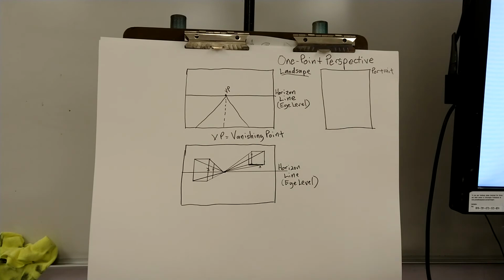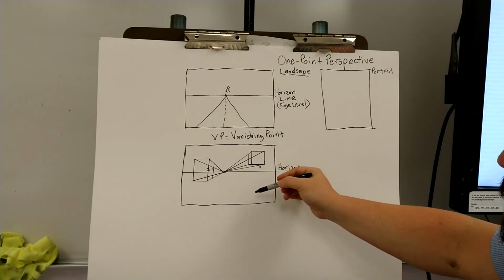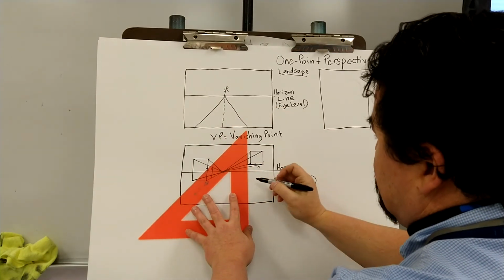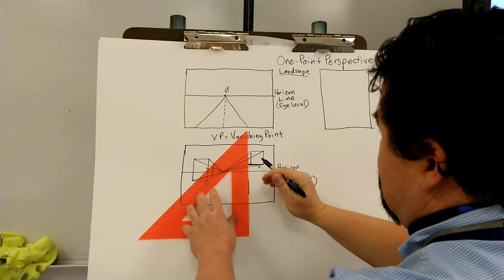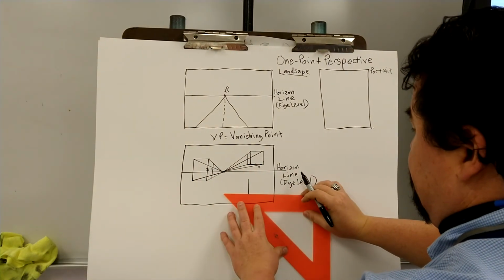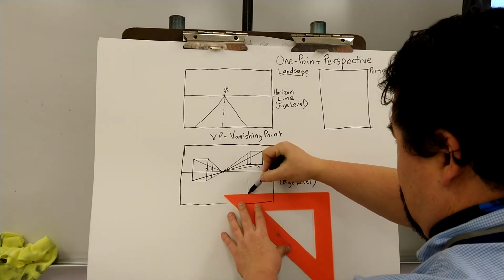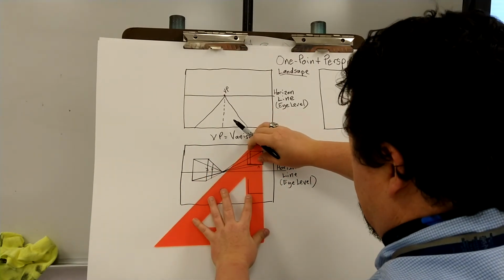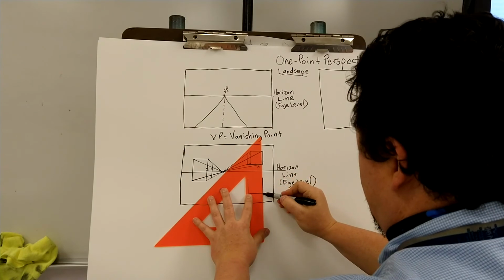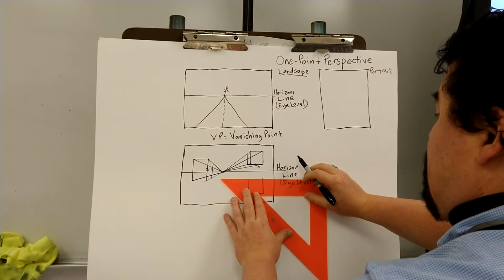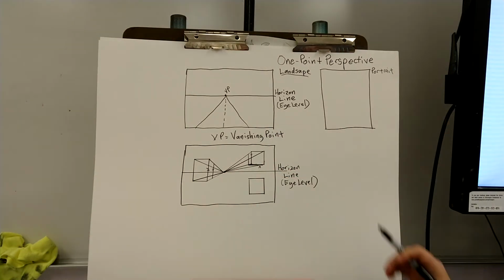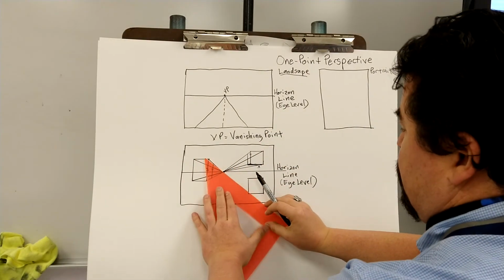Well, I did one looking up. Now let's do one looking down. So looking down at it means it's going to be below my eye level. So let's draw a box below the horizon line. And then again, we have to draw lines going to the vanishing point.